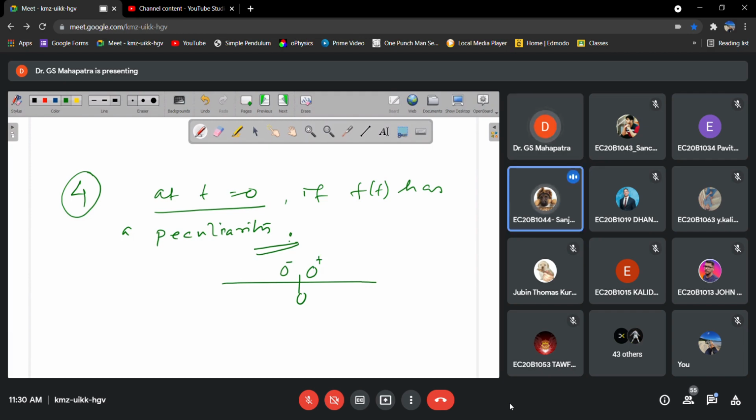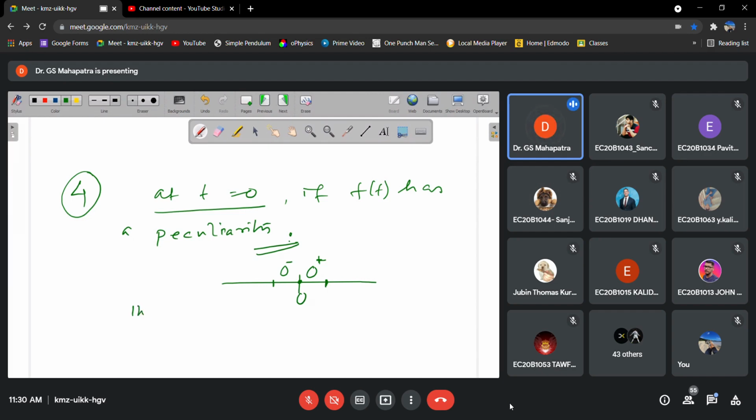What I have written: 0 minus and 0 plus, the neighborhood of 0. Your answer is correct only. Not here or not here. You can't imagine how close it is. You know that neighborhood.